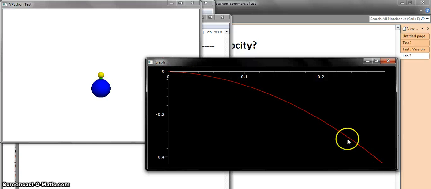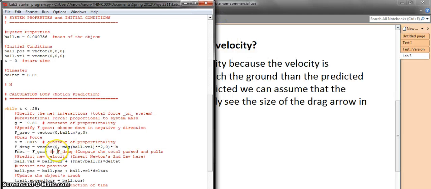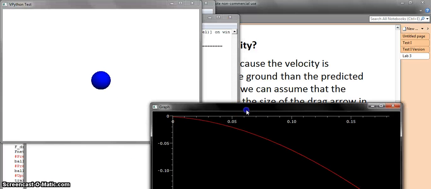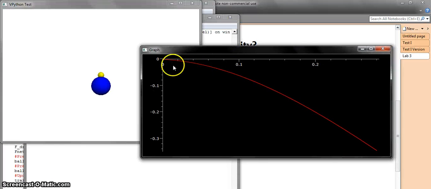In fact, it's curved throughout. However, when we do add a force of drag, the graph becomes less curved at the end and looks more like a straight line. So it would predict that it will reach terminal velocity eventually.